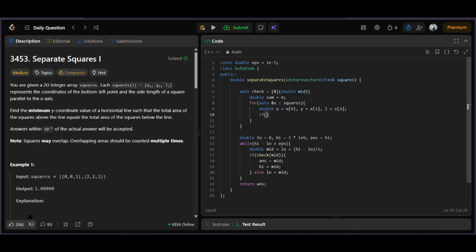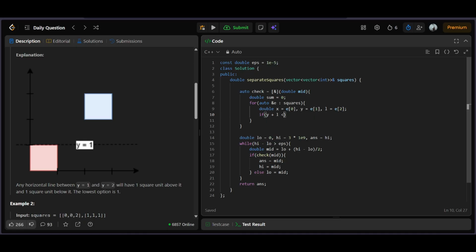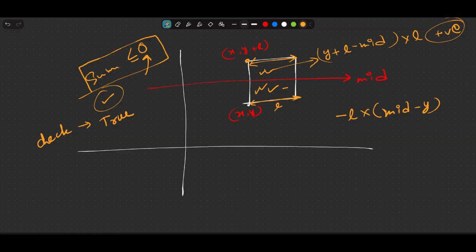So if a particular y plus l, what is y plus l? It's nothing but, so this point is y, right? So y plus l is nothing but the upper point. So we'll check if this y plus l lies above the mid or below the mid.